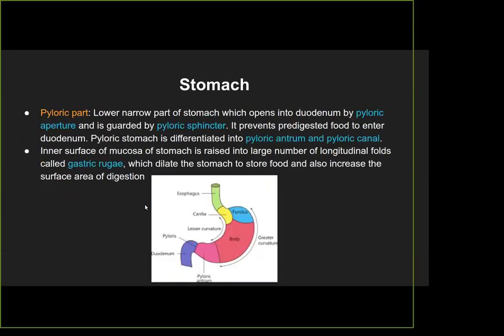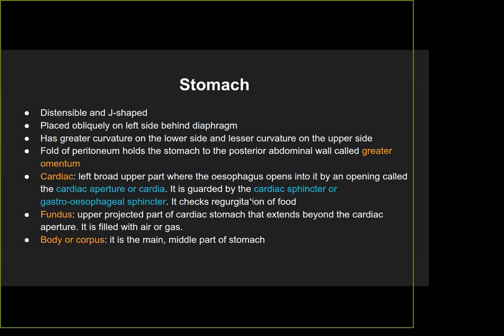Now again, if you look at the diagram, this is your esophagus in green, and the cardiac region is where our stomach region starts. So this particular junction between the esophagus and the stomach is called the gastroesophageal sphincter, or your cardiac sphincter.